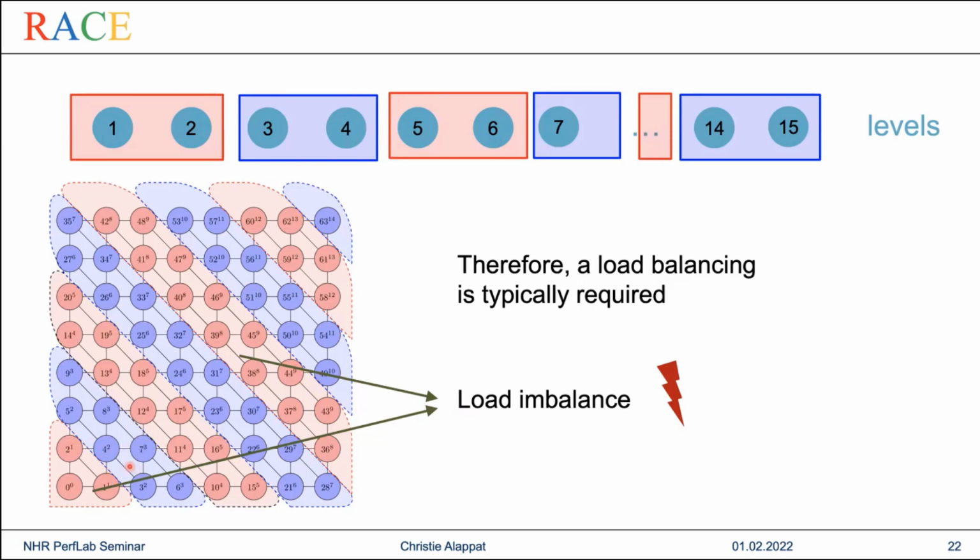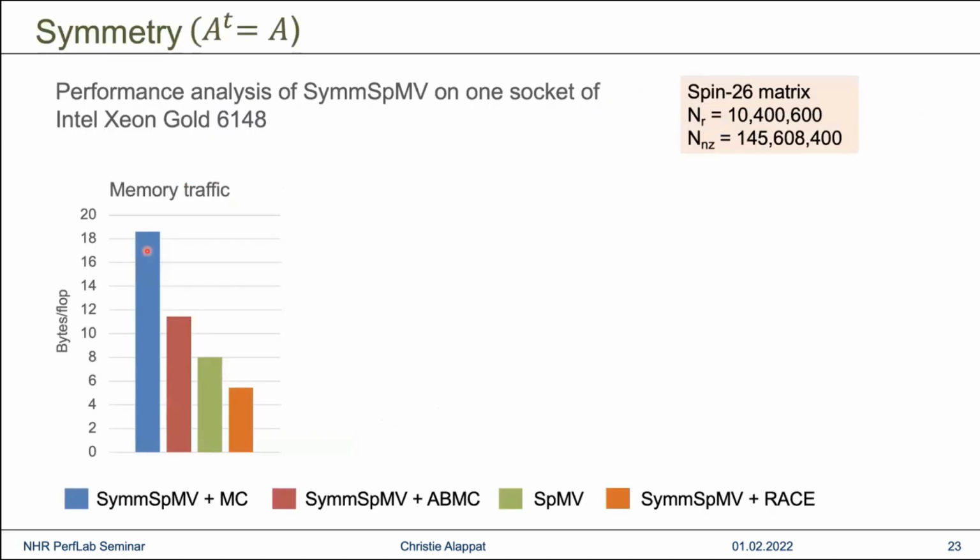And if we do this, we do not disturb any locality of the graph, or the matrix to be general, but at the same time, we don't have any write conflicts. And therefore, if you measure the data traffic, we can observe that we have lower data traffic compared to that of multicoloring or algebraic block multicoloring approaches.